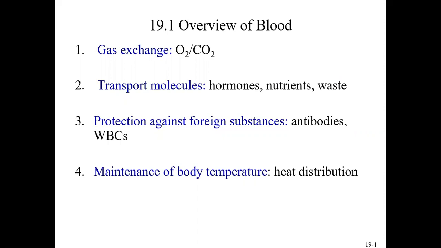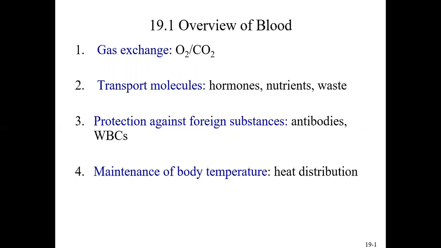Number three, this is where you find part of your defense mechanisms for the body inside of the blood, because you have things called antibodies. Most everybody's familiar with antibodies. We'll look closer into antibodies in the lymphatic chapter. But here, antibodies are basically proteins that help fight off infection.